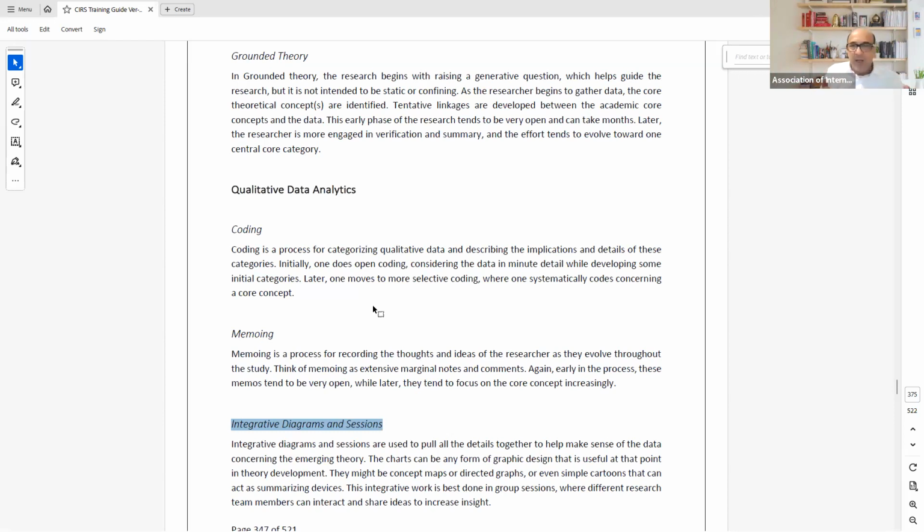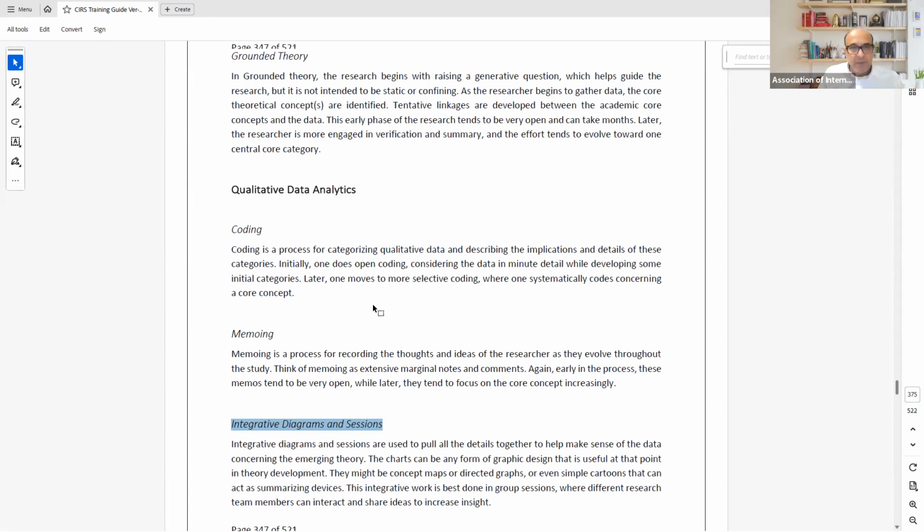It can be diagrammatic. It can be, like I said, animated figures. As long as it is expressive enough and has the clarity of expressing an idea, you can do that. So integrative diagrams can be part of that observation.